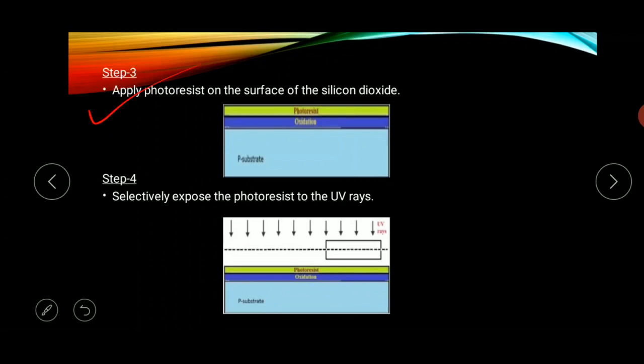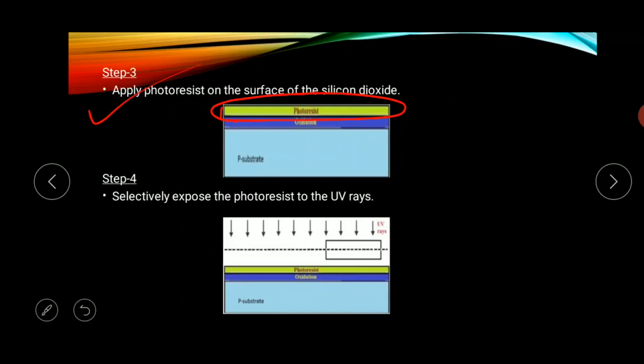In photolithography, we transfer a pattern to the layer on a chip. In this process, the wafer is coated with a uniform film of a photosensitive material known as photoresist. So this region is the photoresist.